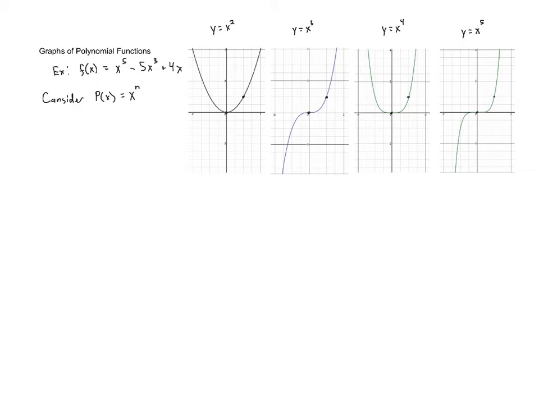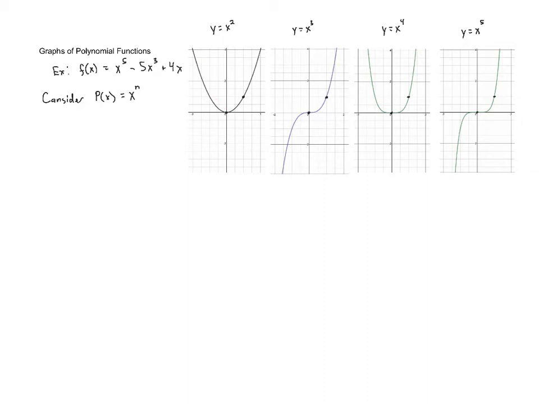This is because 1 squared is 1, 1 cubed is 1, 1 to the 4th is 1, and 1 to the 5th is 1.